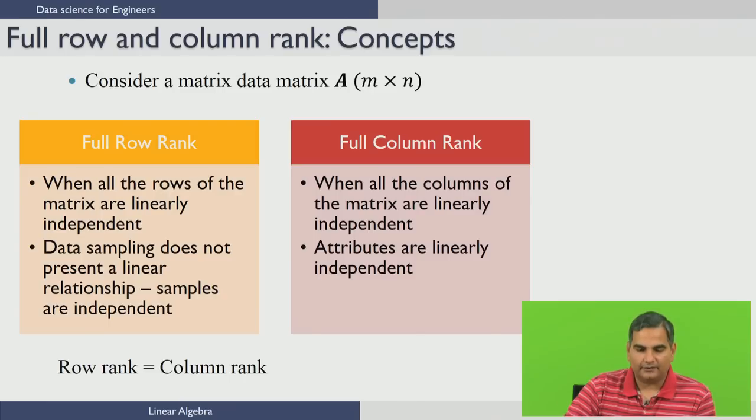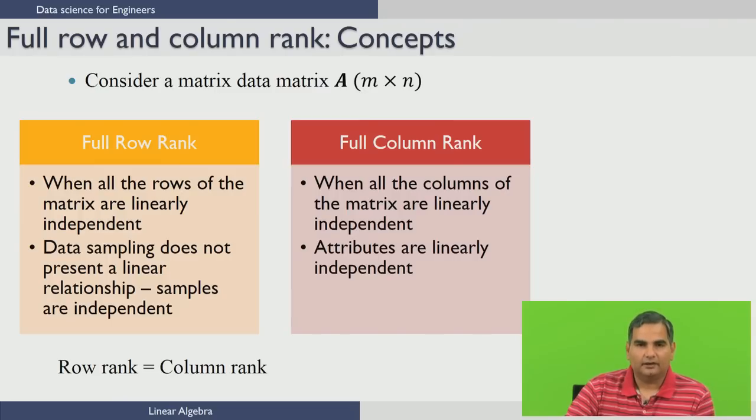In a general case, if I have a matrix m by n, if m is smaller than n, the maximum rank of the matrix can only be m. So, the maximum rank can be the lesser of the two numbers. So, in cases where I have a matrix m by n, where n is smaller than m, then the maximum rank that is possible is n.